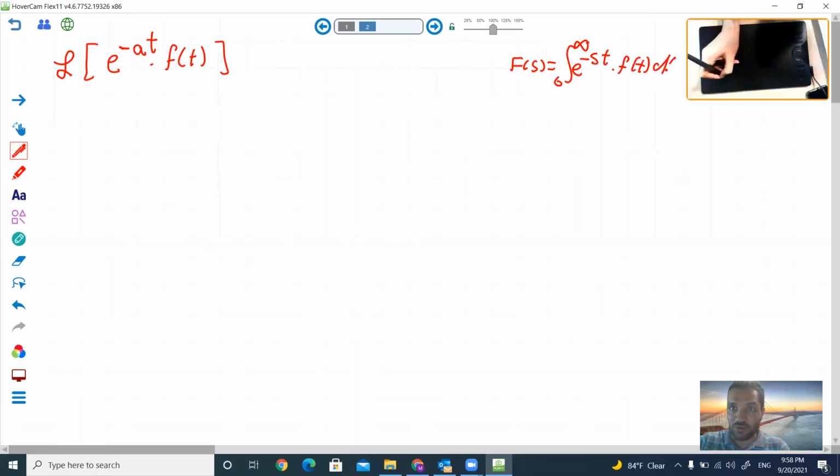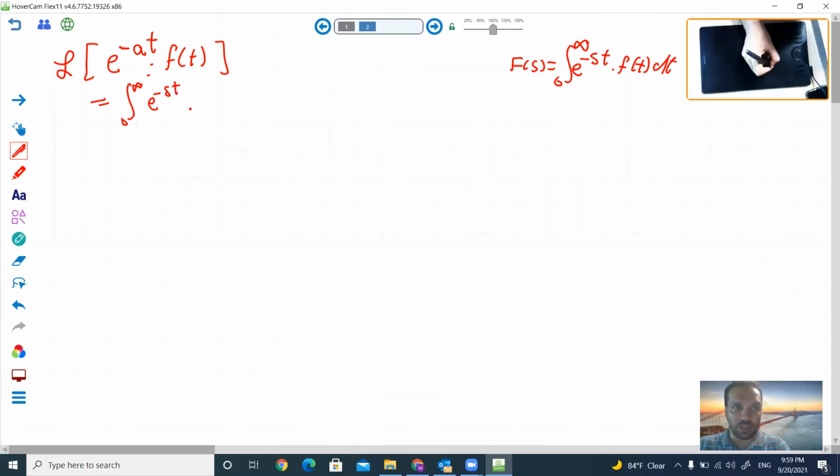Take care, our current f of t is not only f of t, it is an f of t multiplied by e to the power negative at. Let's apply the definition. So it will be equal to the integration from 0 to infinity of e to the power negative st times f of t.